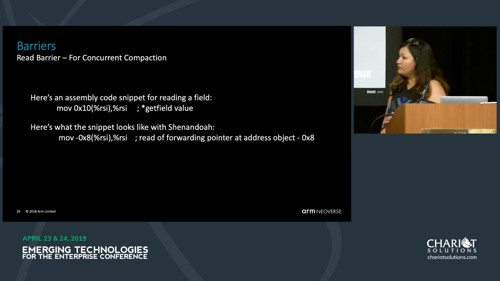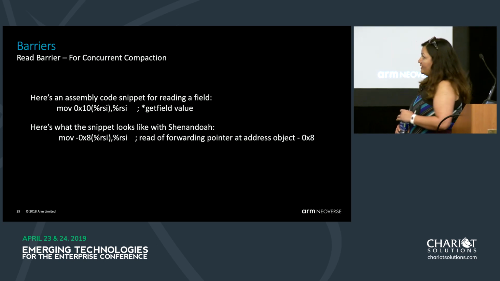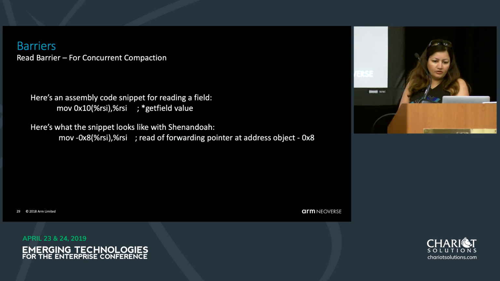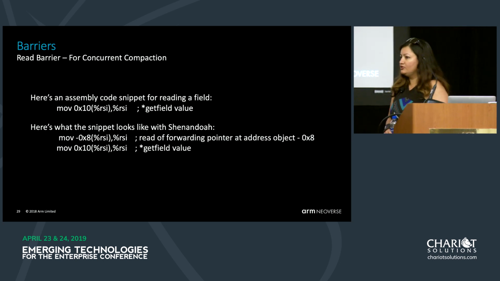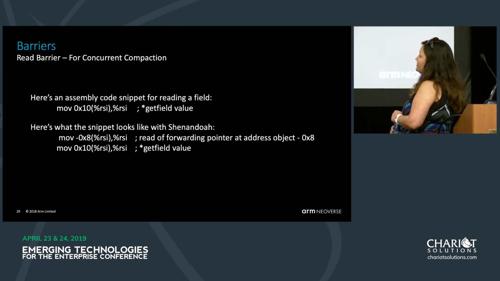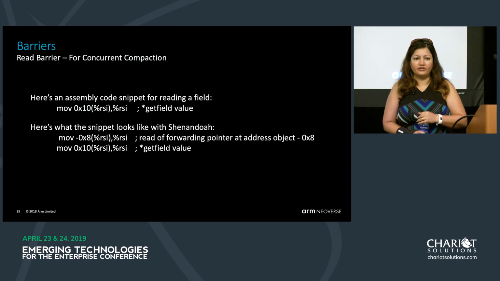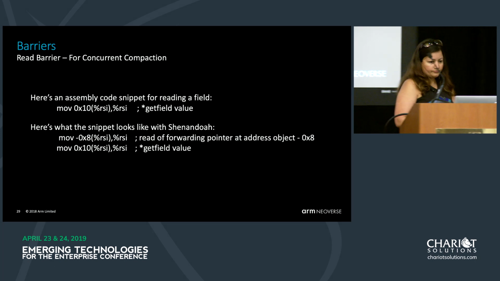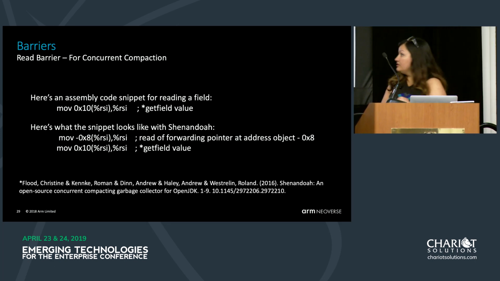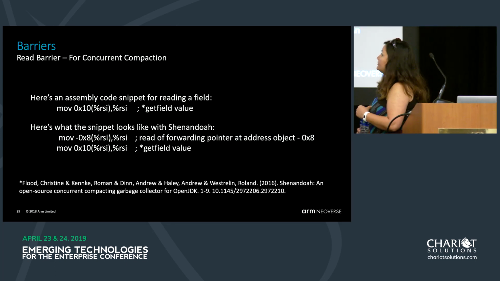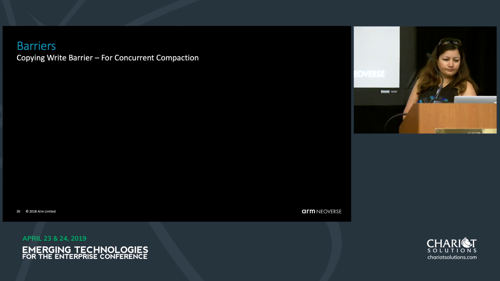Basically, read the forwarding pointer first, so that's why it's 8, -8, and then you get the get field value. For every get field value in assembly, you will see something like this for Shenandoah, because we have an indirection pointer. To read more about that, here's the link to the paper for Shenandoah.